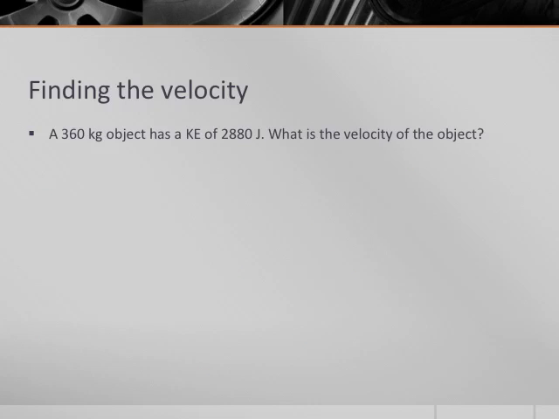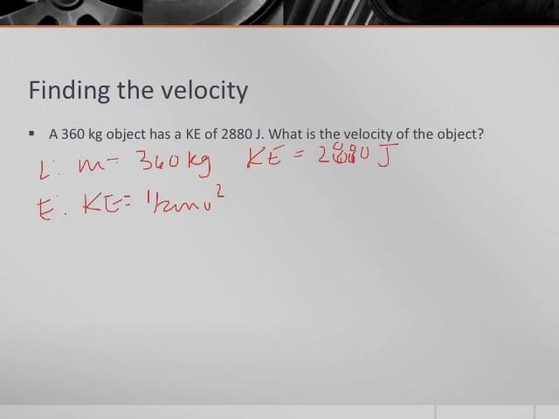Let's find a velocity. We have a 360 kilogram object with a kinetic energy of 2,880 joules, and we want to know the velocity of the object. What we know is the mass is 360 kilograms, and KE is equal to 2,880 joules. Our equation comes from KE equals 1/2 mv squared, which to solve for v is the square root of 2 KE divided by m.